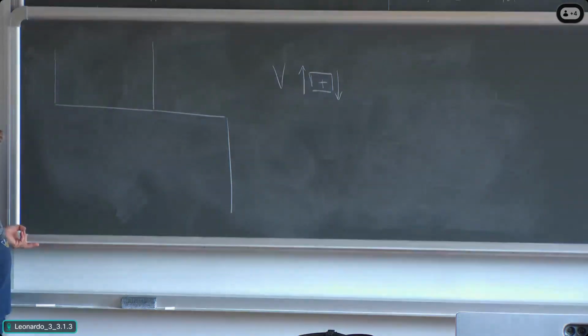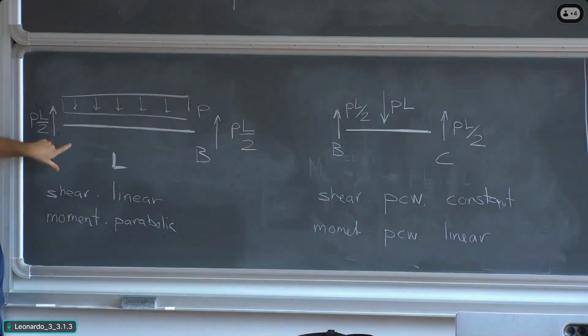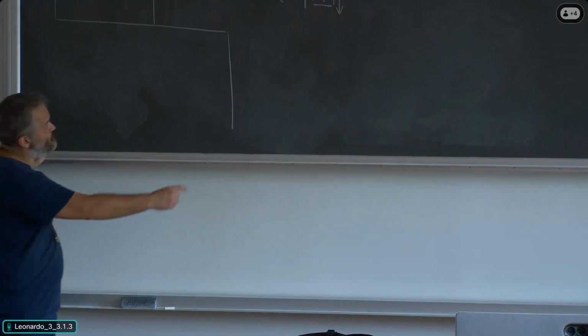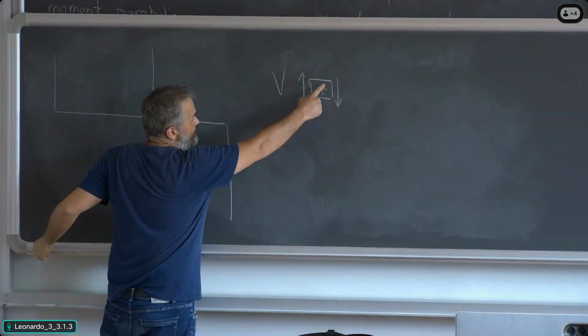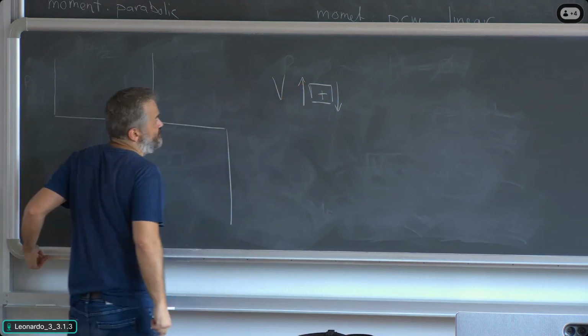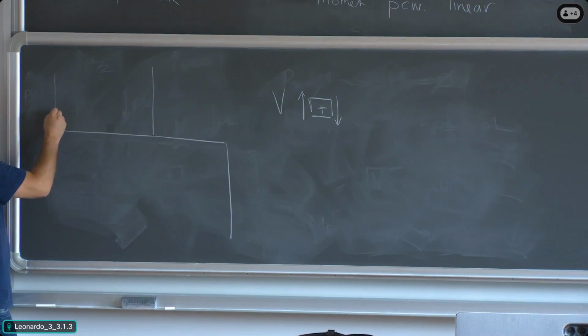Back to beam AB. First point AB, force is upwards. If you look at my sign conventions, a point located to the left upwards is positive. So shear force at point A is positive and the value is PL divided by 2.